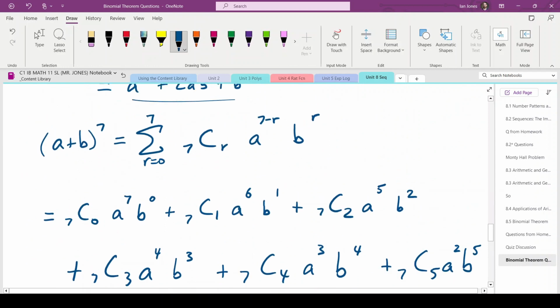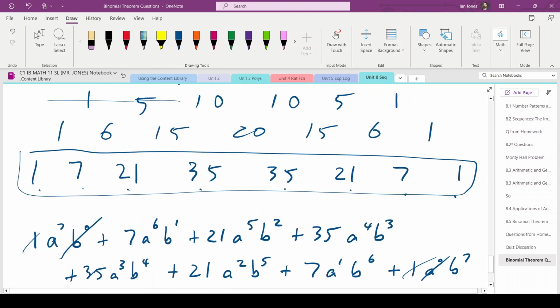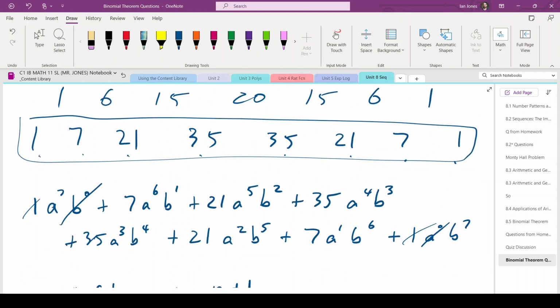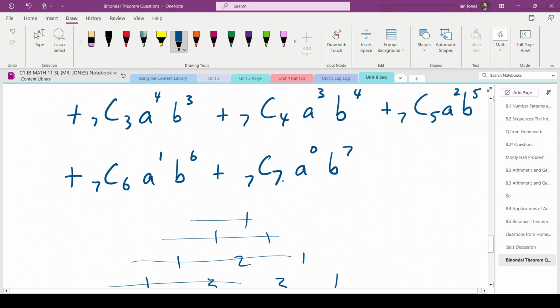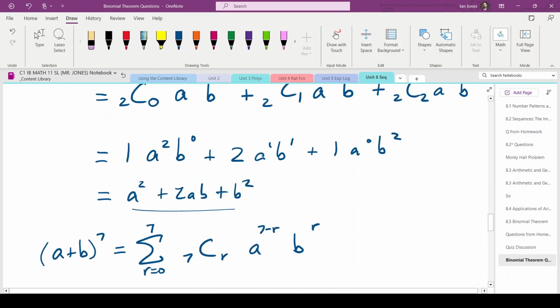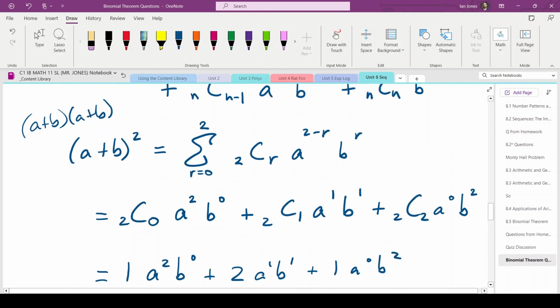Our last term comes when r equals n. We saw that here as well. 7 choose 7, last term. 2 choose 2, last term, right? Because r keeps getting incremented until it equals n. So that's our last term.